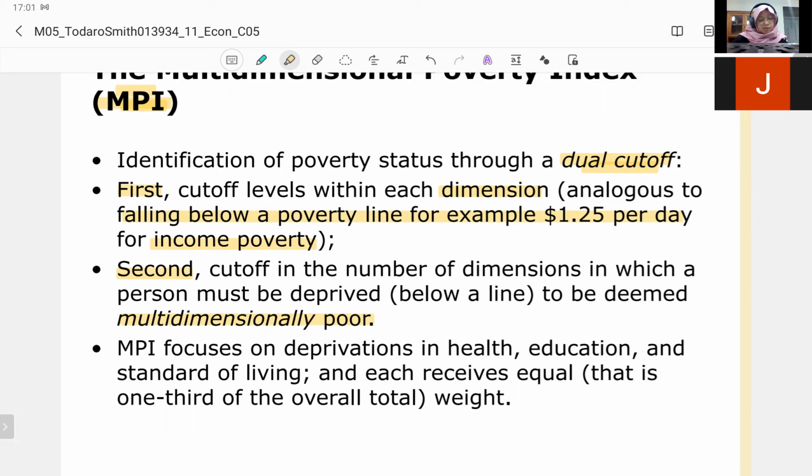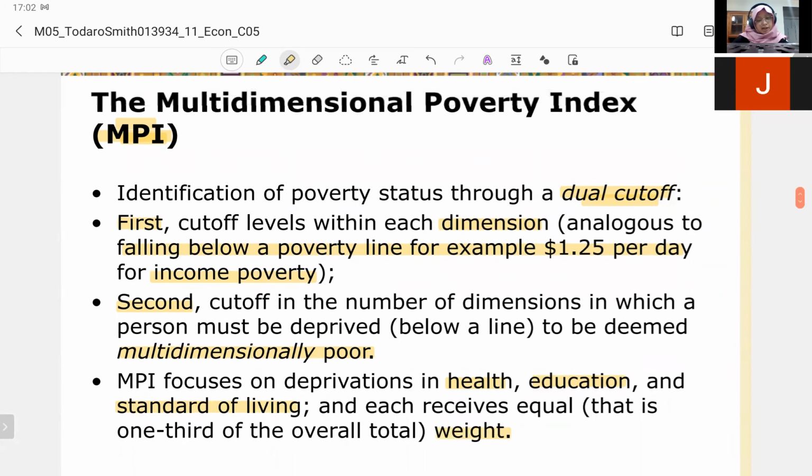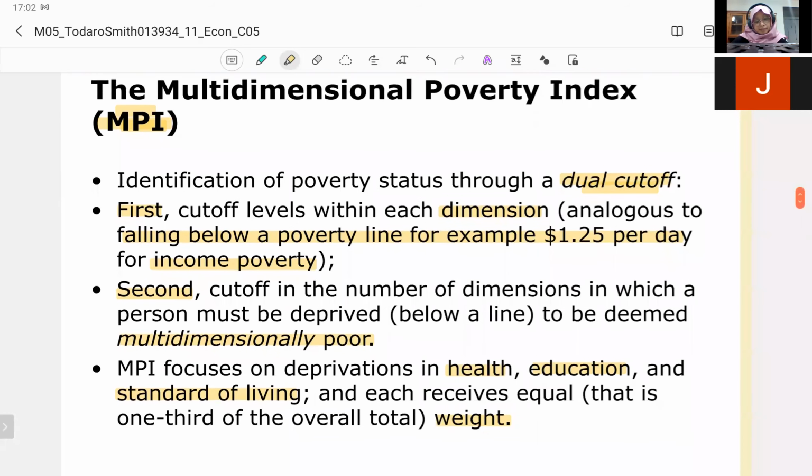So MPI focuses on the deprivation in health, education, and standard of living, and each receives equal total weight. The difference between MPI and the other measurements is that in MPI we have dimensions other than income. So if the first one is the income dimension, then the second cutoff here is other than the income dimension.